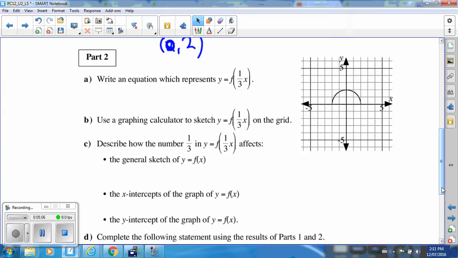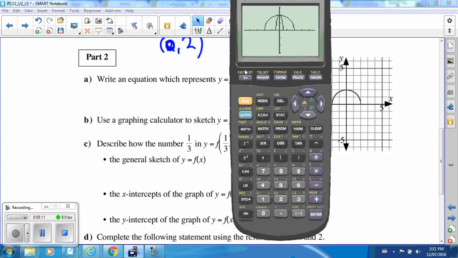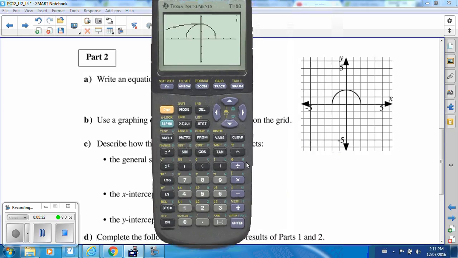Down to here, if we go 1/3 of x, let's just write it like this. Put another open bracket here: 1/3 times x, close my bracket. This is going to actually stretch out wider.